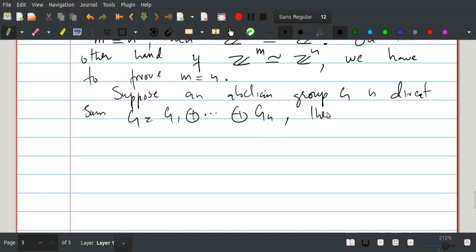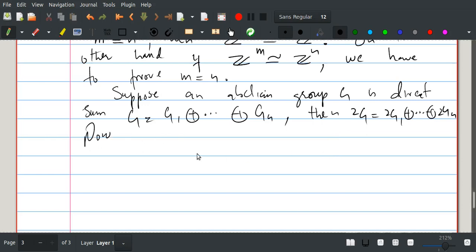Then 2G being a subgroup of G, we have 2G is the direct sum of 2G1 plus so on plus 2Gn. Now 2G being a normal subgroup of G, this quotient makes sense.